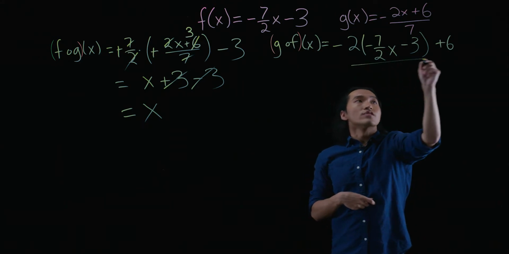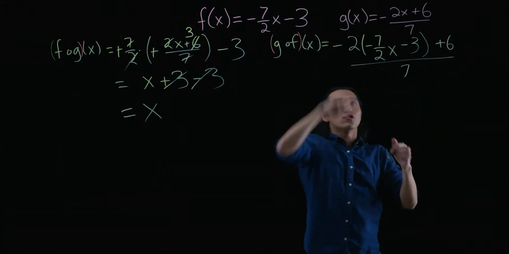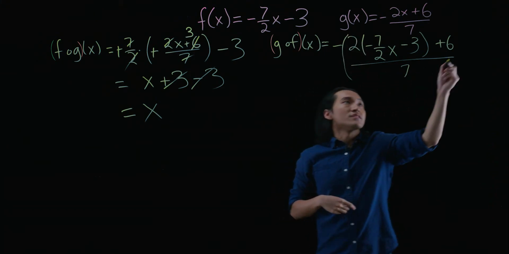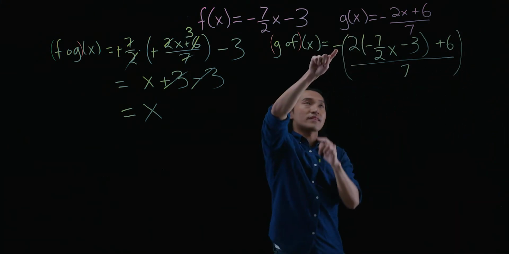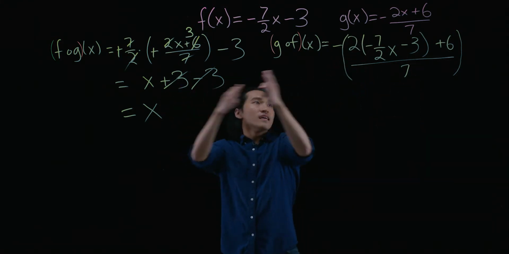All of this is going to be over 7. And remember, this negative sign is in front of everything, not just the 2. So I'll add these parentheses just to make it clear that the negative sign is in front of everything.